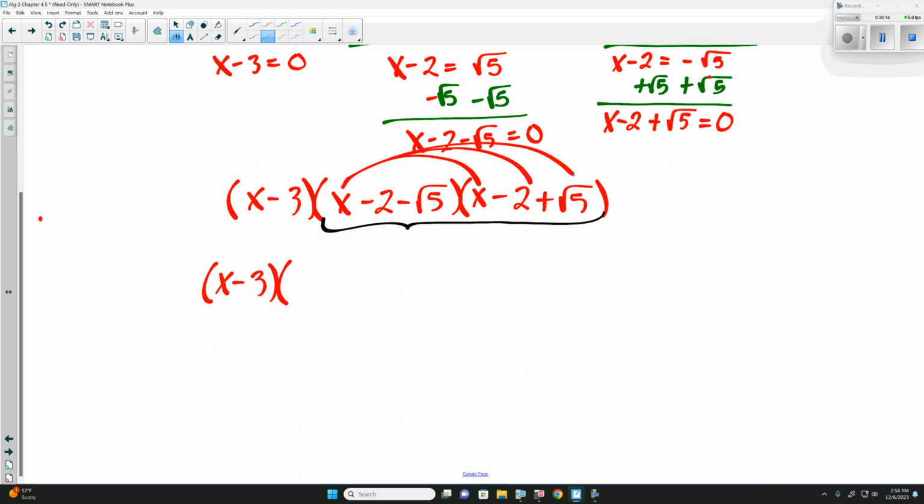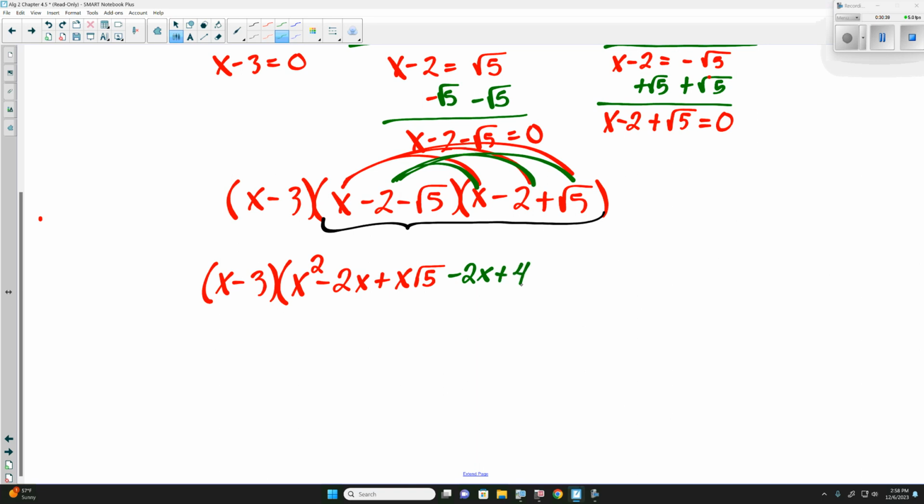So our x times x is x squared. Our x times negative 2 is negative 2x. And our x times the square root of 5 is plus x square root of 5. Now we're going to do it with negative 2. Negative 2 times x is negative 2x. Negative 2 times negative 2 is plus 4.